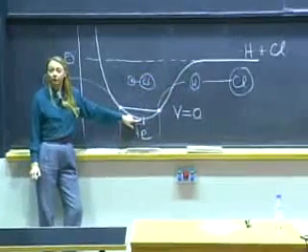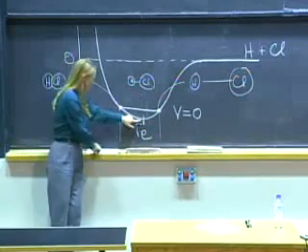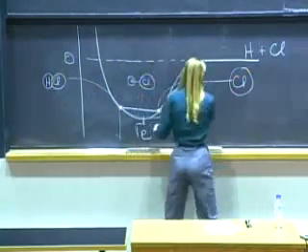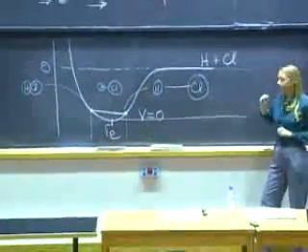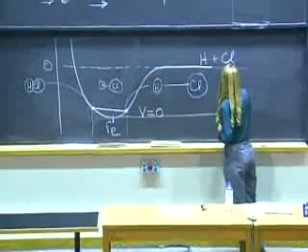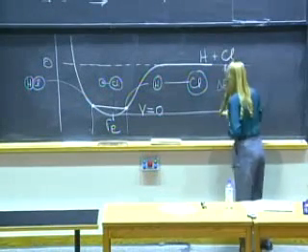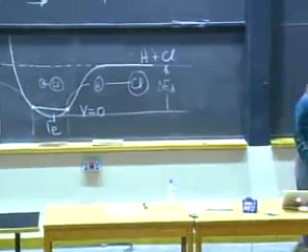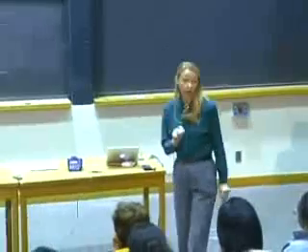Remember that when we were drawing bond dissociation energies, I was drawing it from the bottom of this well to the dissociated atom limit. I told you this was delta E sub D. Well, the bottom line is that that's not really correct.